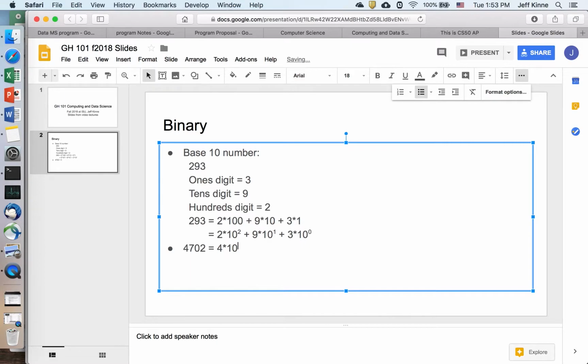That's 4 times 10 cubed. 7 is the hundreds digit. That's 10 squared. We have a tens digit. It happens to be 0. And then we have a 2. 2 is the ones digit.